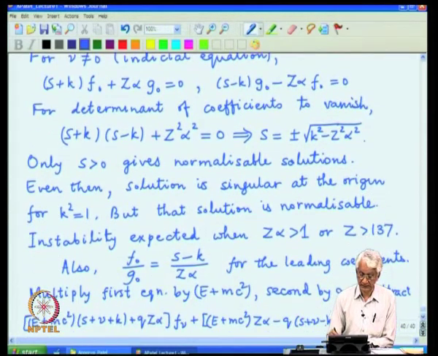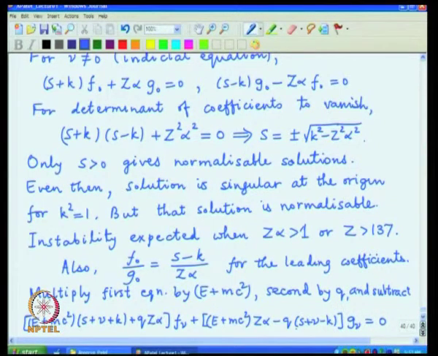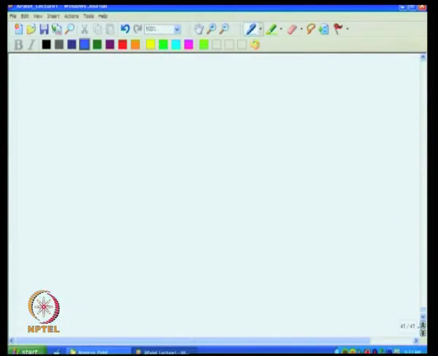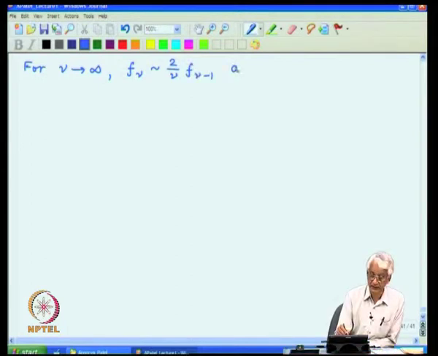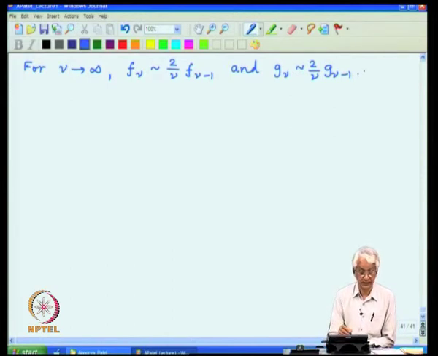That is the behavior for large nu: f and g are proportional up to certain coefficients involving E plus m c square and q, and then we see that the asymptotic behavior roughly looks like f nu is 2 by nu times f nu minus 1, and g nu has a similar structure.